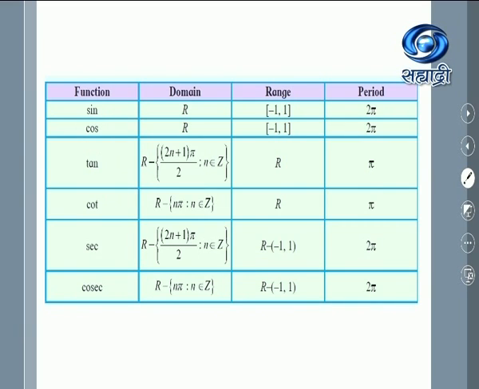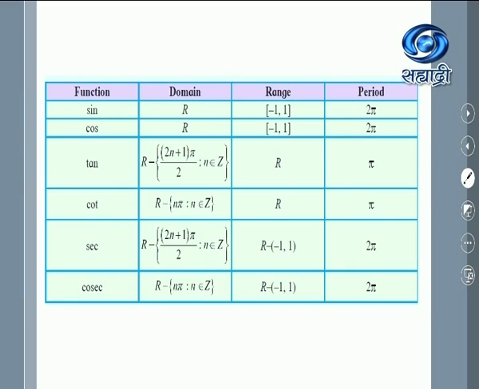Cosine function, domain is the set of reals, the range is the closed interval -1 to 1, the period is 2 pi. Then tangent function, from the set of reals we exclude all odd multiples of pi by 2, that we write in this form.